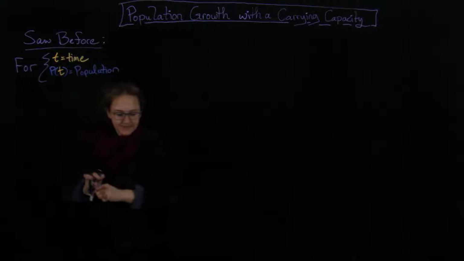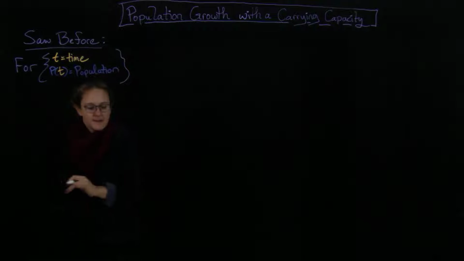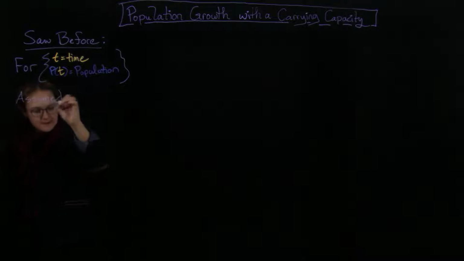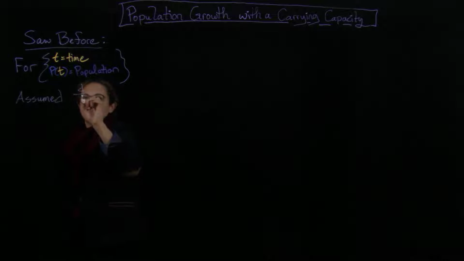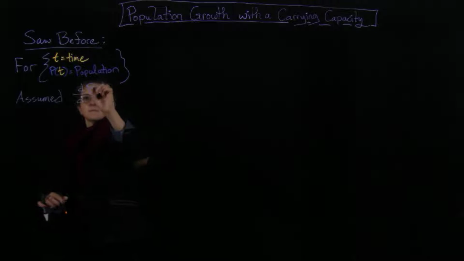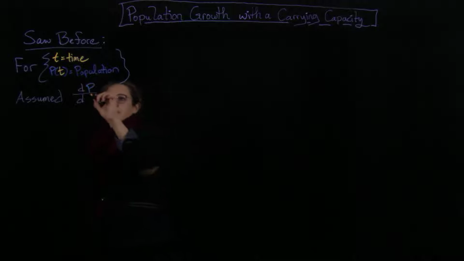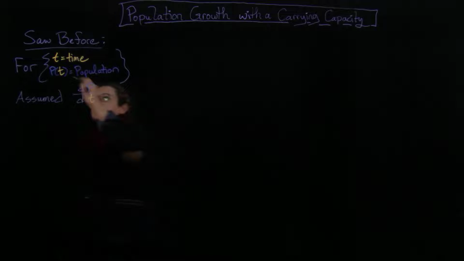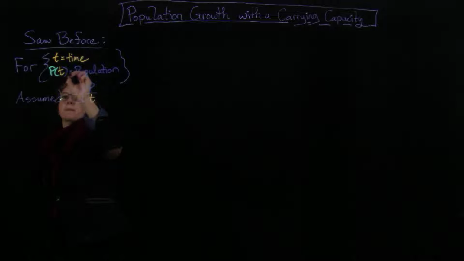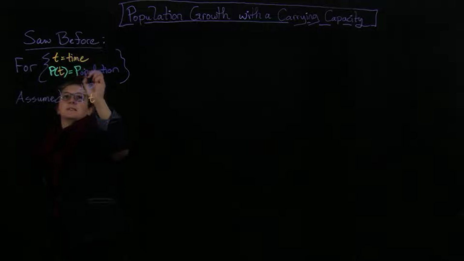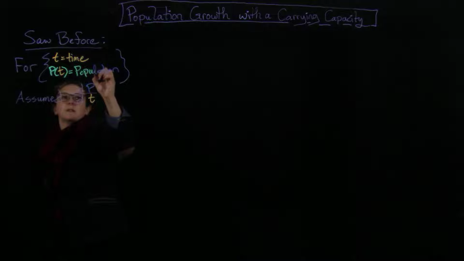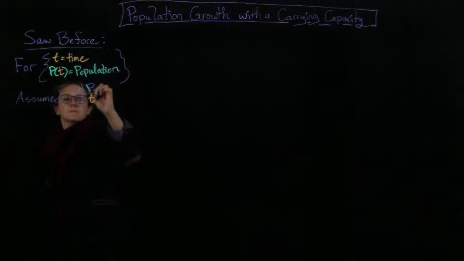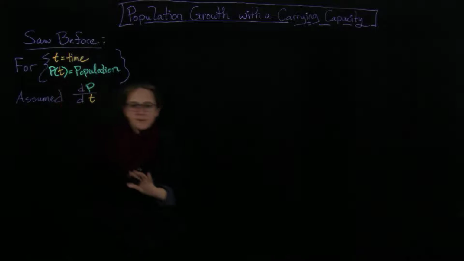In this kind of circumstance, we assumed this differential equation, dP/dt. It's better to use green for functions because it's a little more distinct from what I'm using for the other writing. So let's quickly switch over to green. So that's dP/dt.